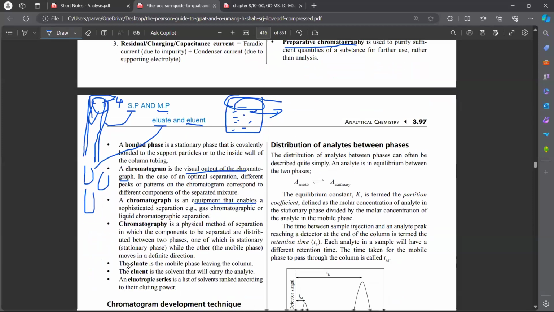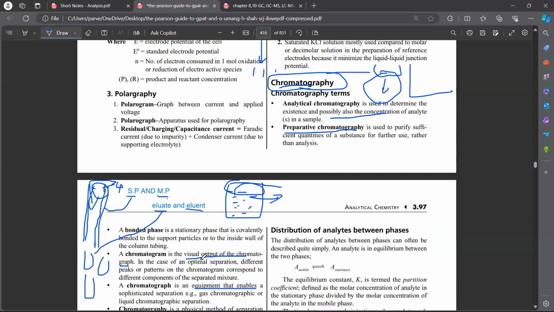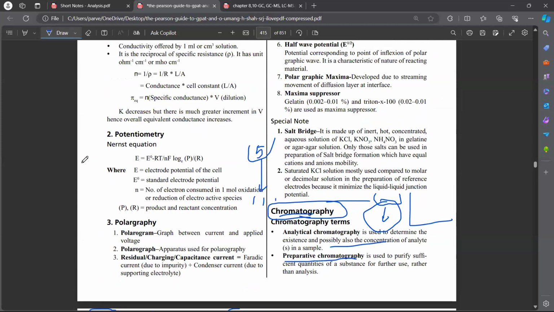Now when we talk about the basic principles of chromatography, there can be different separation principles. It can be adsorption, it can be partition, and so on. First, let us have a view on adsorption. In adsorption chromatography, our stationary phase is solid in nature, and we coat it on a column. Then we pass the mobile phase along with the sample through the column.